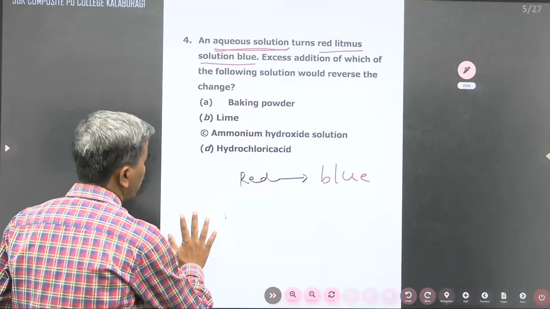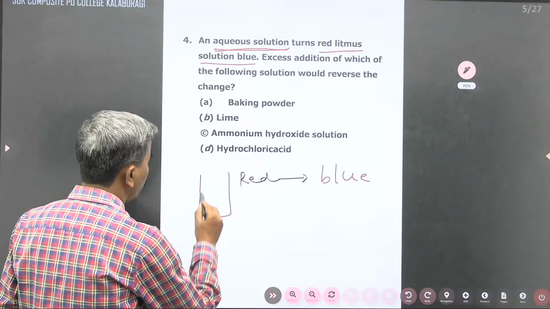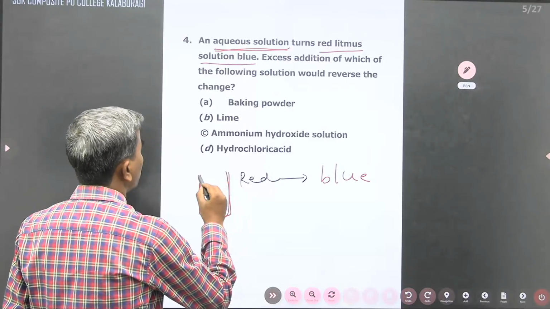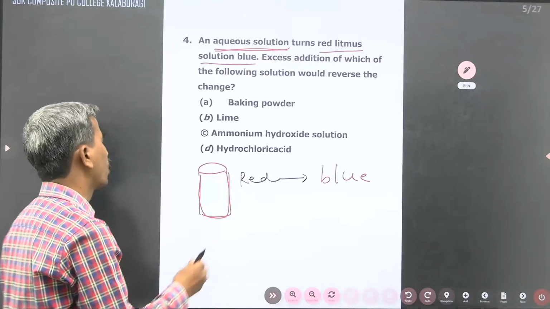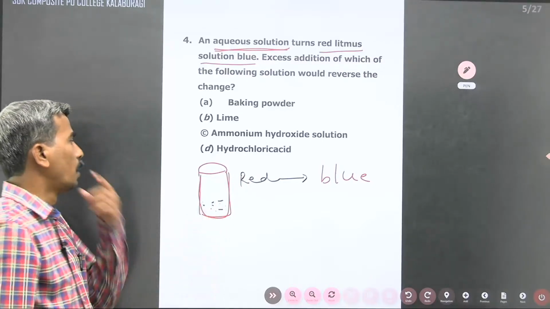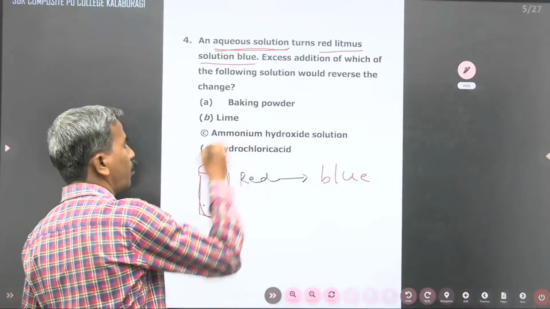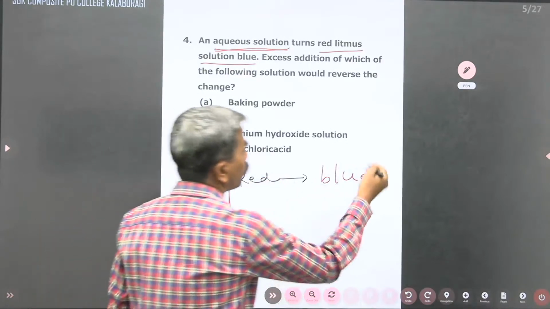Suppose in this test tube I have got some solution. What is the nature of this solution? If I add it to red litmus paper, it turns blue.